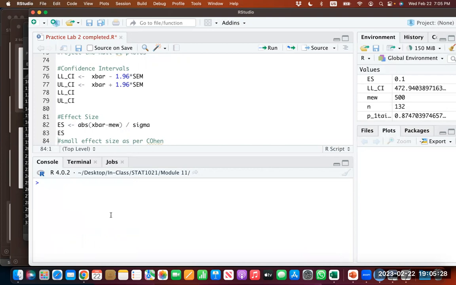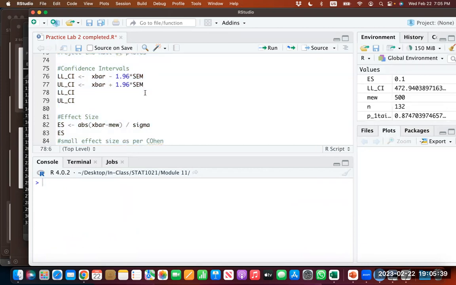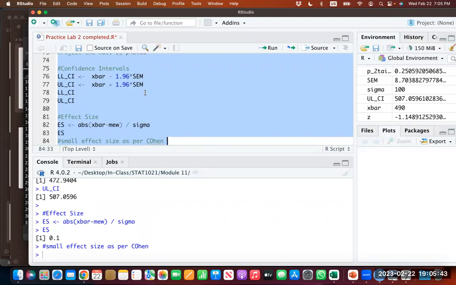The practice lab can easily be submitted by clicking on the script. Please go first to the console, press Ctrl and L, and empty the entire console. Then go to the script, press Command and A, press Control and Enter, and run the whole thing.